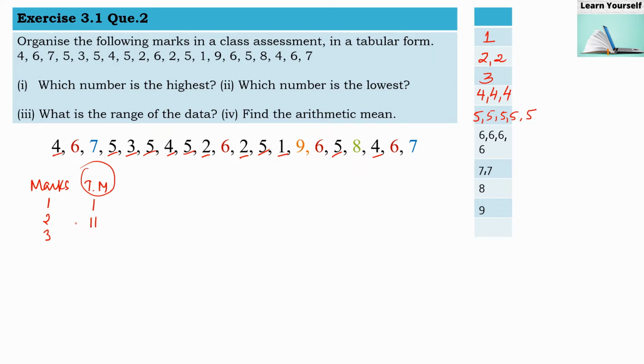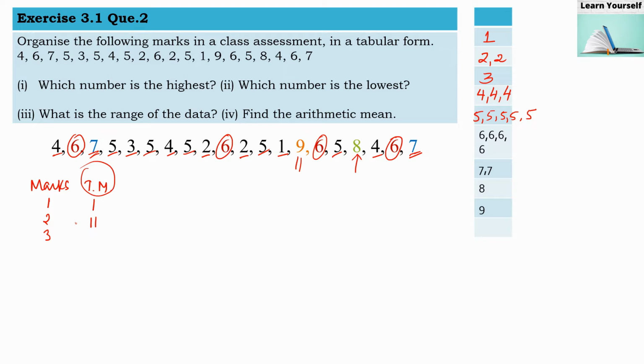Then number 6 is appearing 4 times here. Number 7 is appearing 2 times here. Number 8 is appearing 1 time here, and number 9 is appearing 1 time here. So we have seen all the data and we have arranged them in this order.